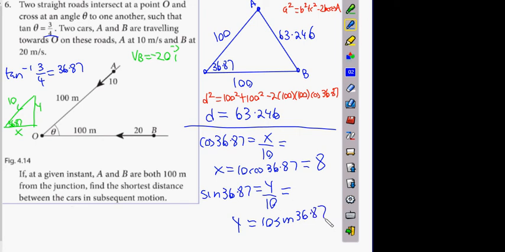I'm pretty sure it's 6. So this means x equals 8, y equals 6, 6 and 8, and they're both going down across. This means that VA is going to be minus 8i minus 6j.